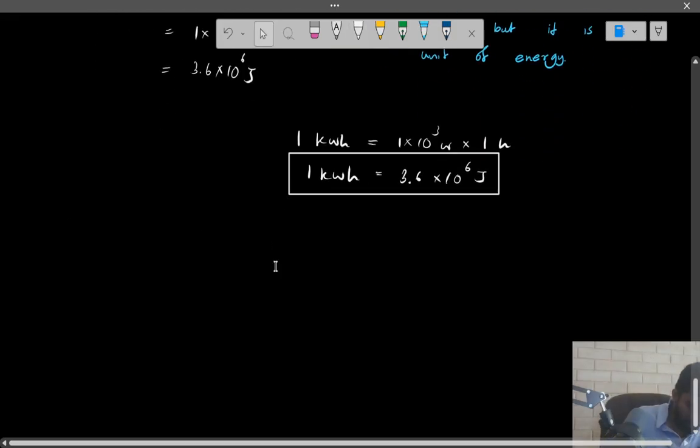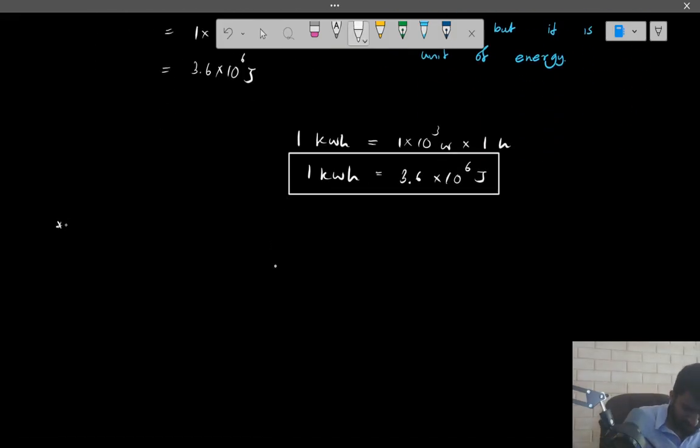Now suppose in a question they have given you to convert 3.7 kilowatt hour into joules, then it is very simple. You just get 3.7 times 3.6 times 10 to the power 6. That is one way. Or you can just keep 10 to the power 3 as kilowatt, right? Watts times 3600 seconds, right?